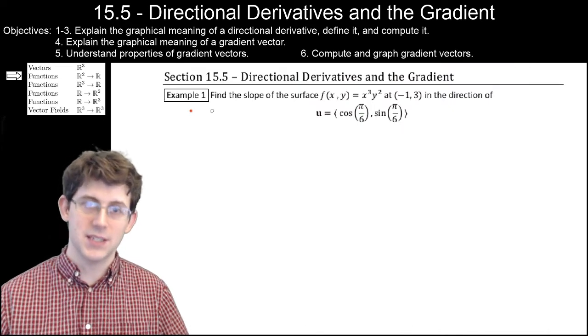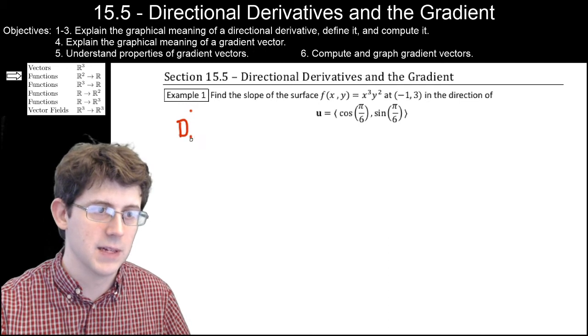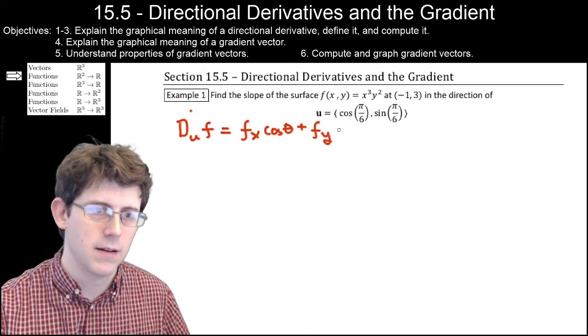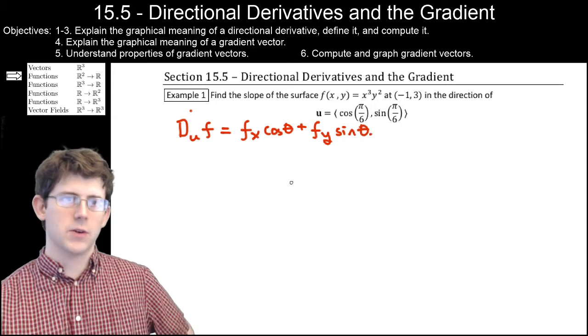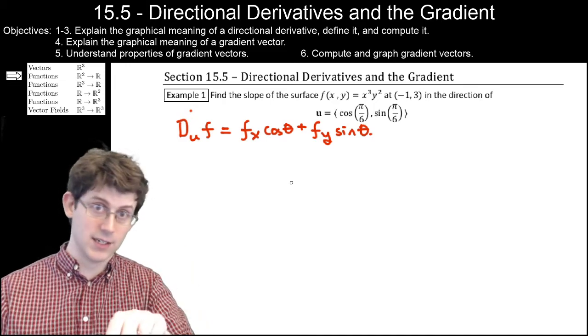Let's do an example to see how it works. Let me get the formula written here. So the question says, here's a surface, here's a base point, and here's a direction.